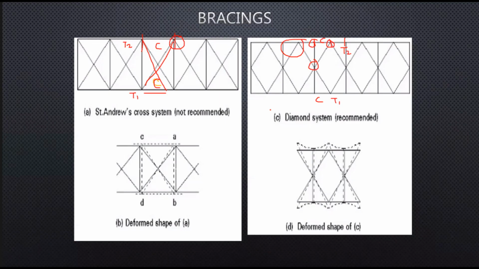So there is always an economy that kicks in, right? How much you are going to save in reducing the effective length of the member vis-a-vis the amount of connections that you need to provide to get the reduction in that. So it is always an interplay. There is no straight answer to that.